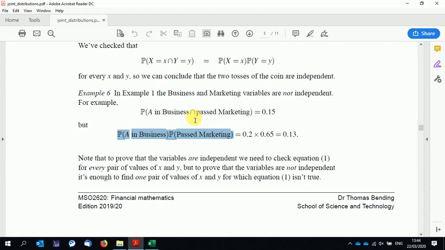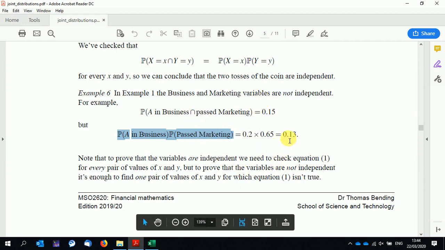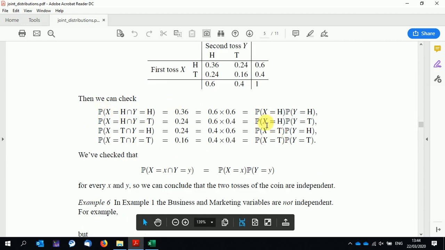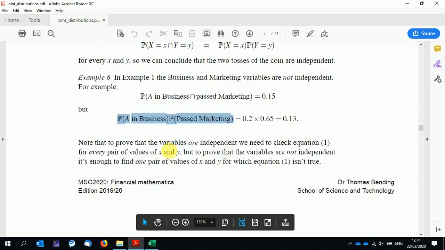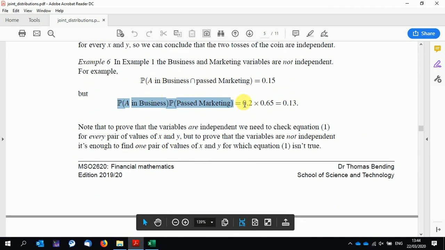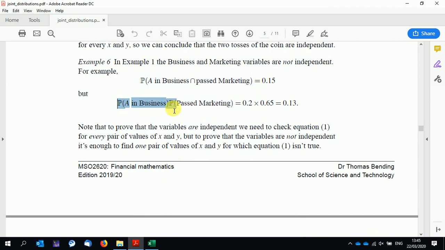And once you get one result, remember I told you to check all four must be satisfied. The moment you get one of the results where the left side of the equation is not equal to the right side, you don't need to keep checking the rest. That will conclude our testing, which is the events being not independent.